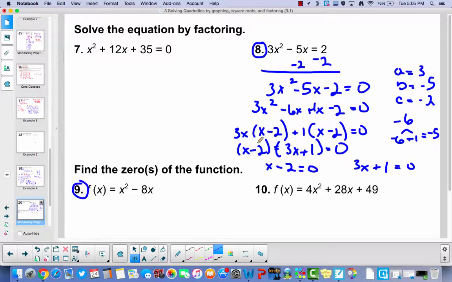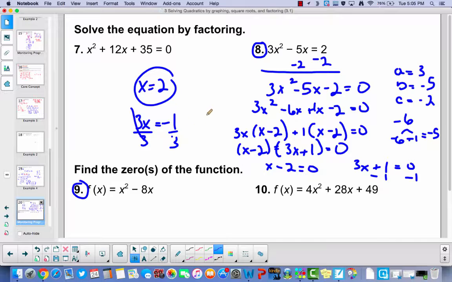Well, if I solve this one, I get x equals 2. If I solve this one, I'm going to subtract 1 from both sides. So I get 3x equals -1. Dividing both sides by 3, I get x equals -1/3. And there are my two solutions.